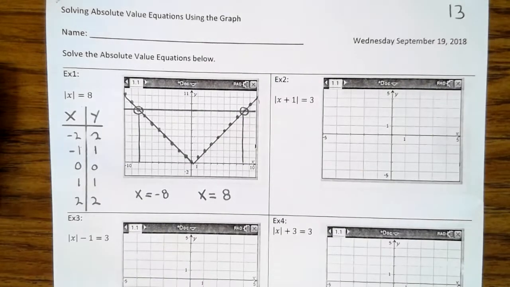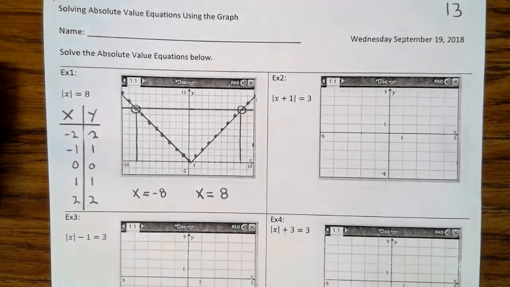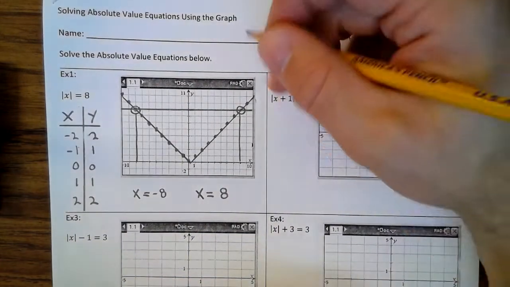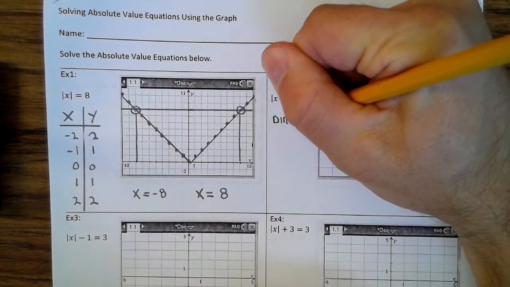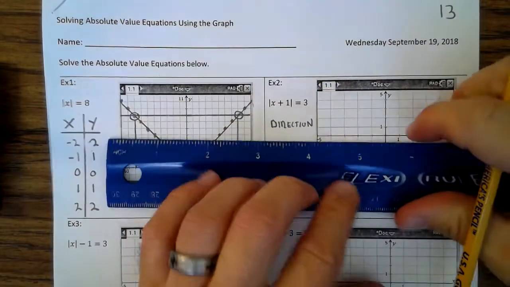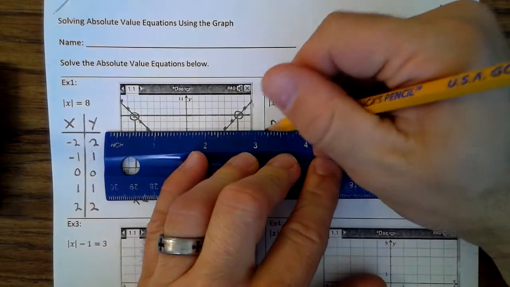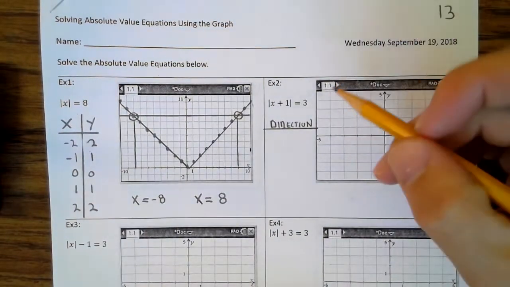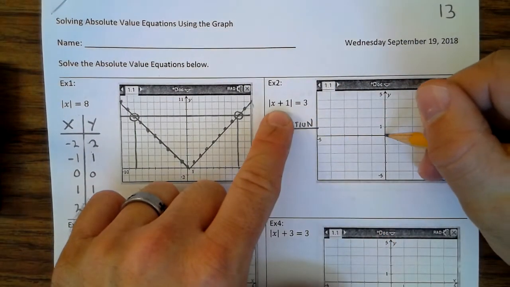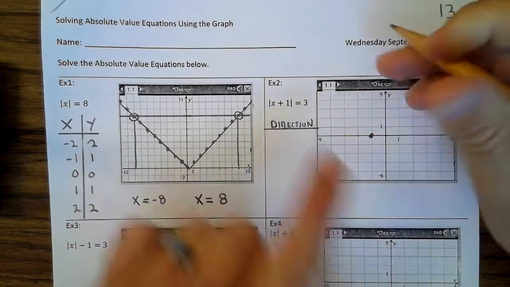All right, let's take a look at example 2. Step 1 is isolate the absolute value. It's isolated. Step 2, graph the left side. So here we're going to graph by direction. First things first, we're going to move the vertex. The vertex in the parent function is 0, 0. That +1 moves us left 1, so there's your new vertex.